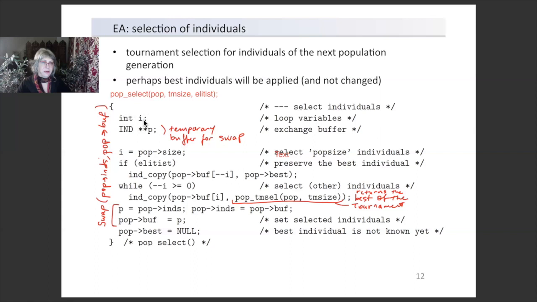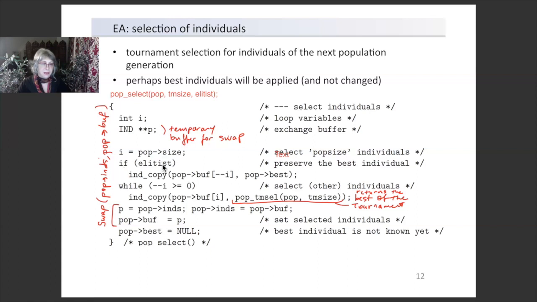We have loop variable, integer I. We have an array of individuals called P. Each entry is containing a pointer to an individual. This is the exchange buffer. I is set to population size.